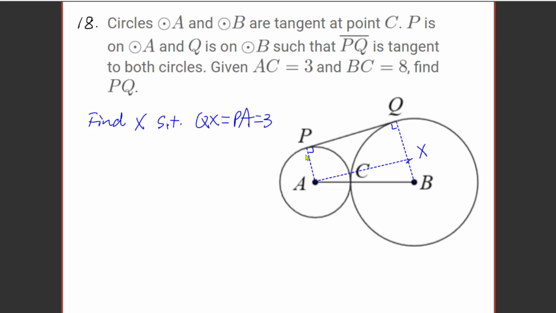Then we know that PA is parallel to QB, because this angle is 90, this angle is 90. Sum of these two angles equals 180. So PA is parallel to QB, or, well, let's use QX here. And also PA equals QX, right? Therefore, we know PQXA is a parallelogram.